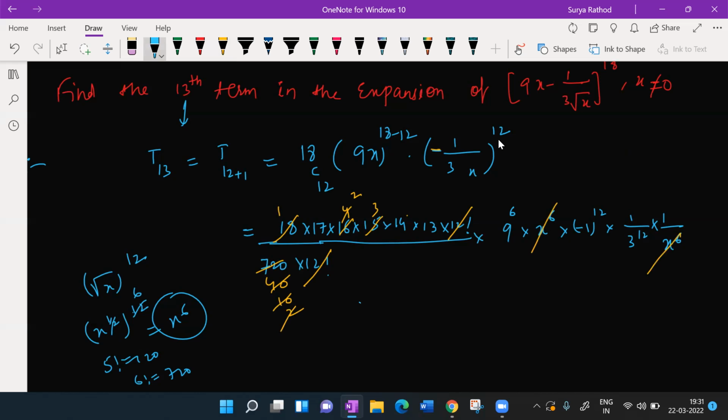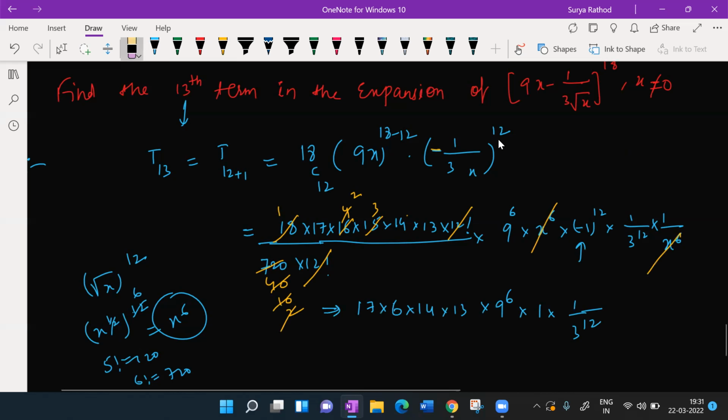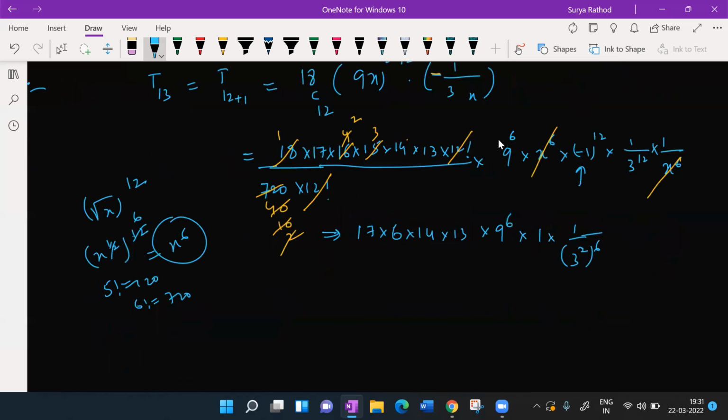So what are you left with now? 17 into 2 into 3, into 14 into 13, into 9 to the power of 6, and minus 1 to the power of 12 is still 1, into 1 by 3 to the power of 12. 3 to the power of 12 can be written as what, beta? 3 squared to the power of 6. Can I write that or not?